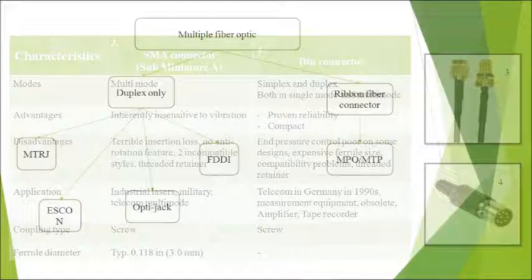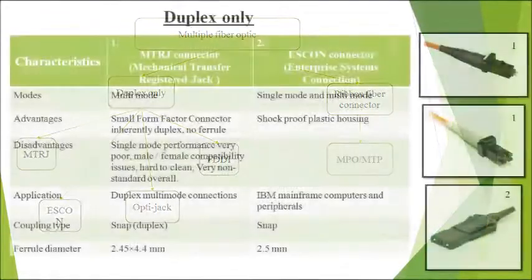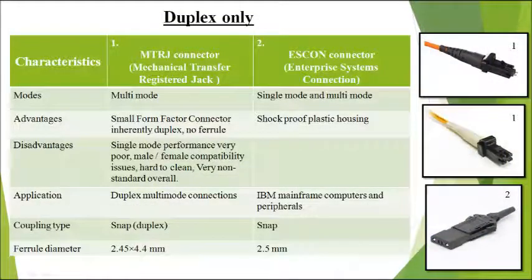For the second type of fiber optic connector, which is the multiple fiber optic, it can be divided into two parts. First part is duplex only, and the second part is the ribbon fiber connector. In duplex only, the long name for MTRJ connector is mechanical transfer registered jack connector.